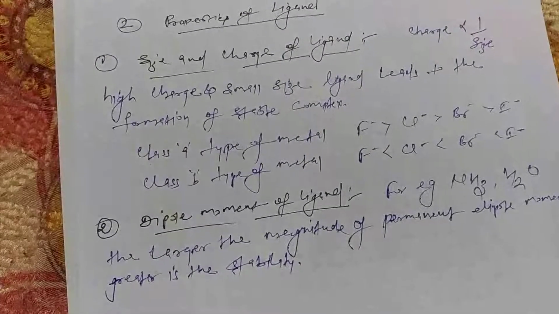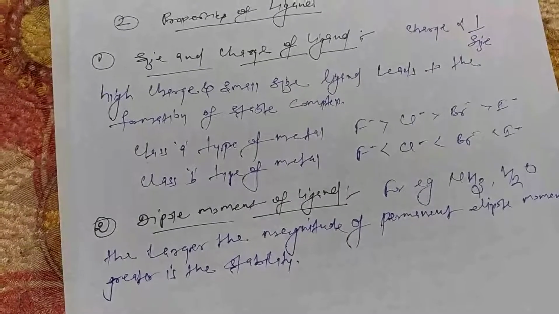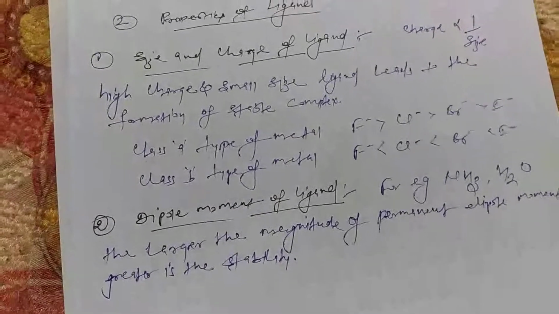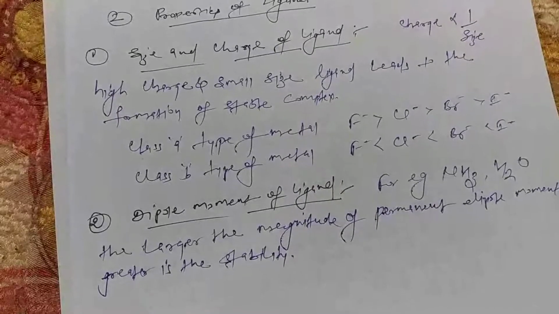We all know that ammonia is a neutral ligand, and there are others like ethylamine, diethylamine, triethylamine.